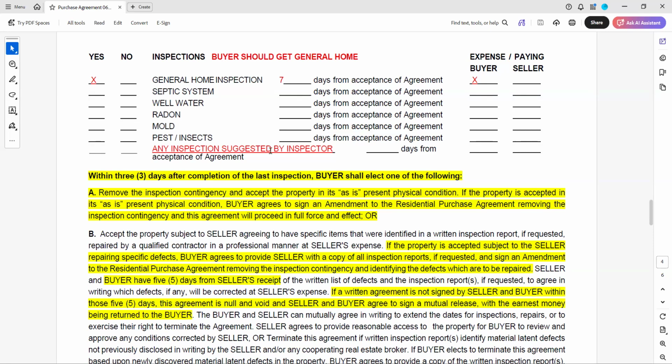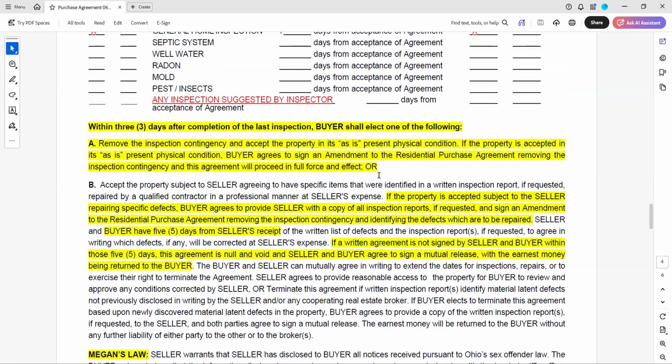Always remember, and I have this highlighted, that you have to acknowledge to the listing agent and the seller within 3 days of completion of that inspection an answer on whether they want to remove the inspection contingency and move on with the deal, whether they want to get a mutual release and get out of the deal and get their earnest money back because there's too much going on with the house, or whether you need additional inspections done, like that structural engineer coming out and so on, that gives you more time, or whether you're going to ask for things to be remedied.